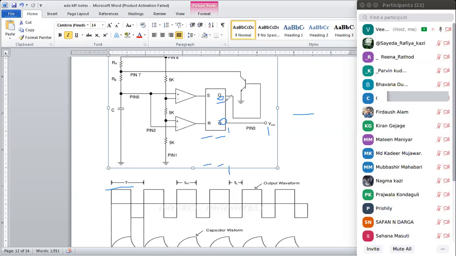Because this is 0, the transistor is off; the base of the transistor is not getting anything from this Q. So the transistor is off. Because the transistor is off, the capacitor will not discharge, but instead what will happen?